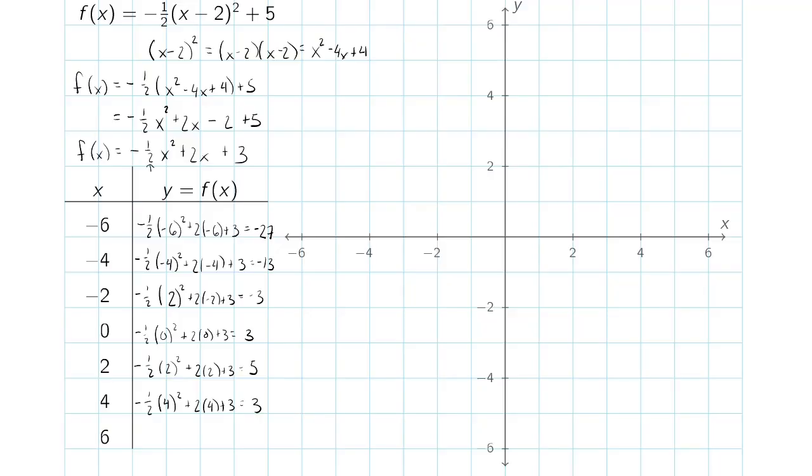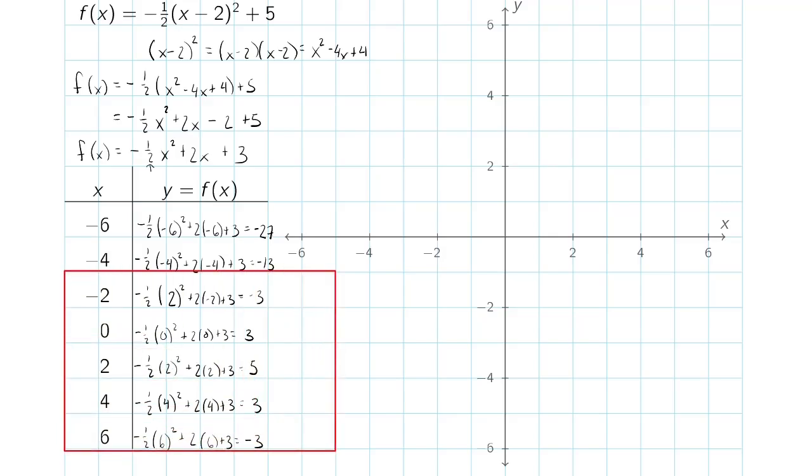And then when I plug in 6, -1/2 times 6 squared plus 2 times 6 plus 3, that's -3 again. So I see the points that are going to be interesting for my graph are these points.